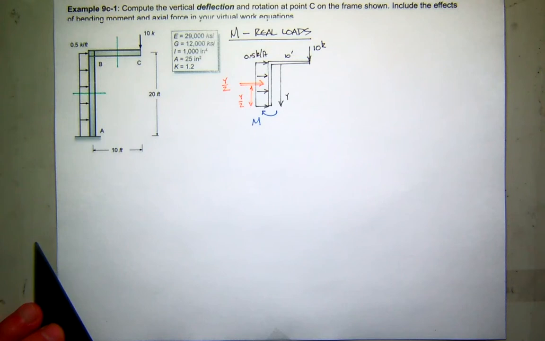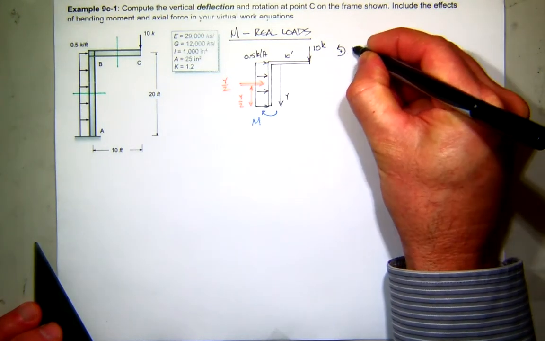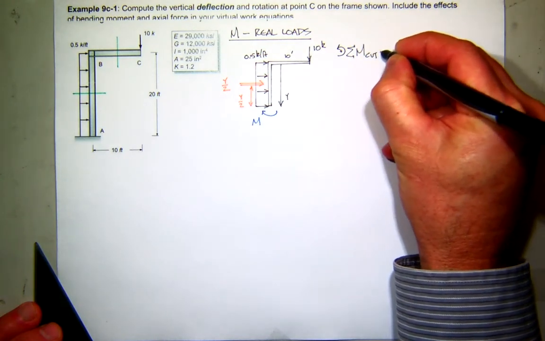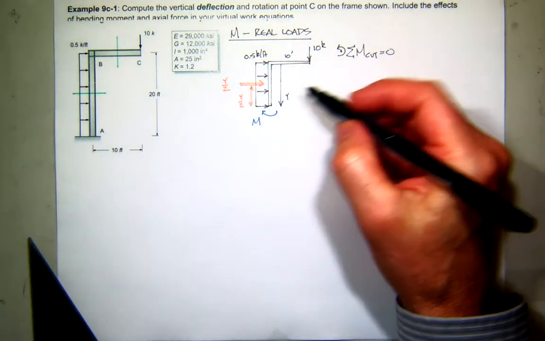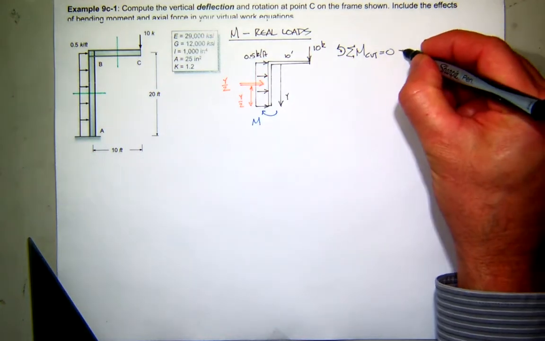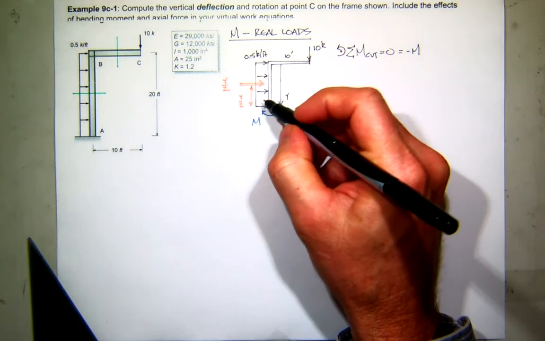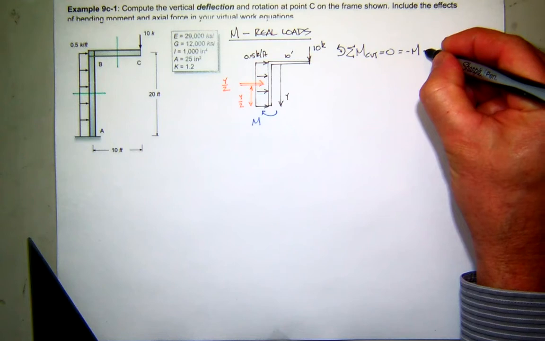So now I can sum moments. I'll assume right-hand rule for my moments, and I'll sum moments about the cut. Looking here at this moment, with my right-hand rule, that's going to be a negative moment, the internal moment M. About the cut surface, the force Y over 2 also creates negative moment.